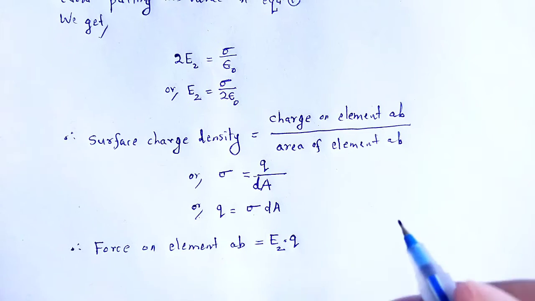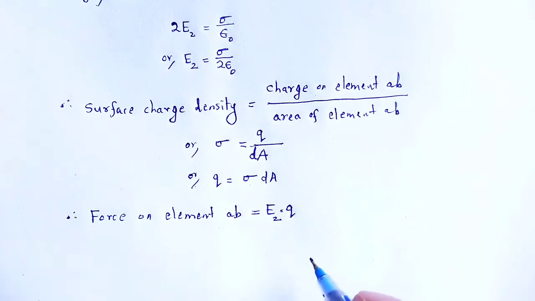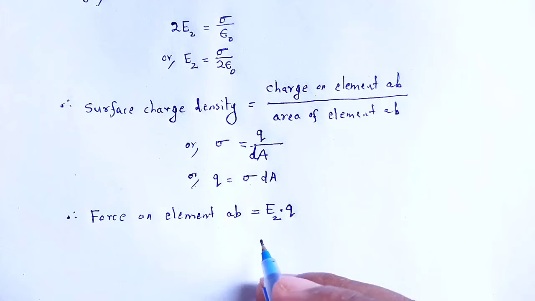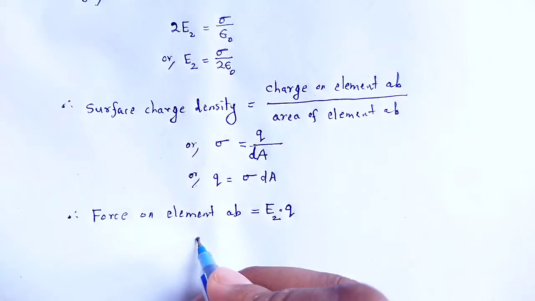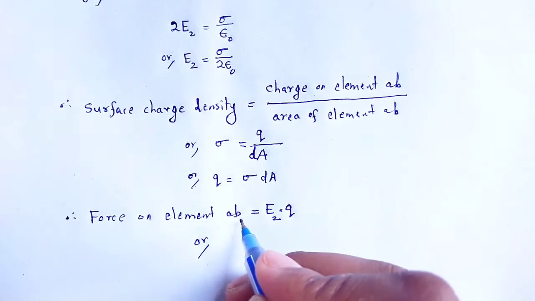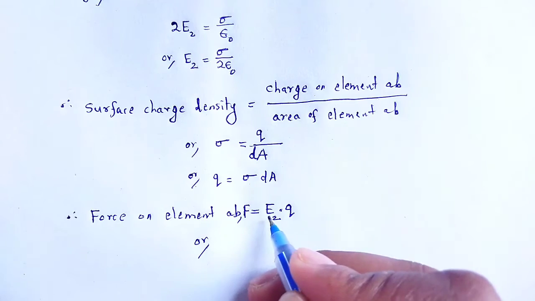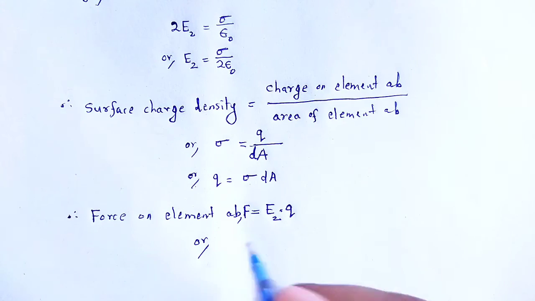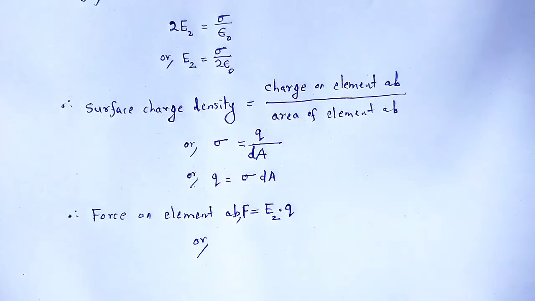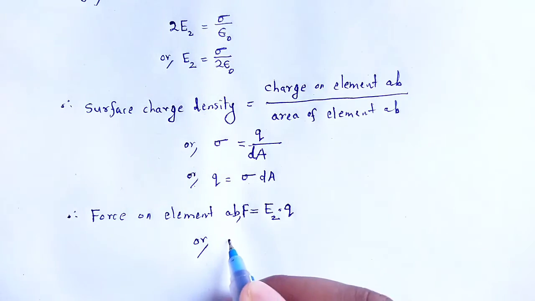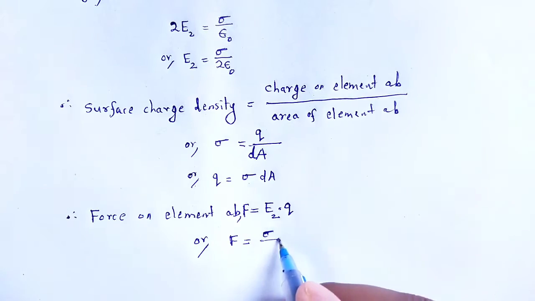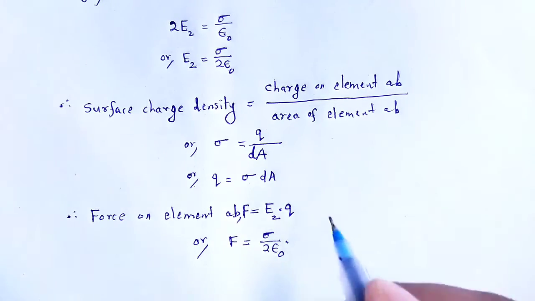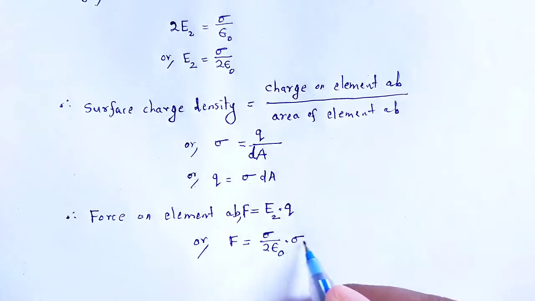E is equal to F by Q, so F is equal to EQ, that is E2 Q. Therefore the force on element AB, F is equal to E2 Q. So F is equal to, in place of E2 we substitute sigma by 2 epsilon naught, and in place of Q, sigma into dA.